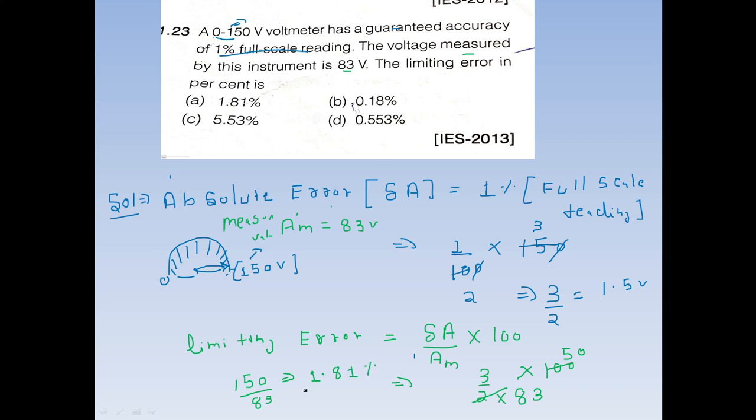If you divide 150 by 83, its value comes around 1.807, and approximately we calculate it as 1.81%. So 1.81 is the required answer for this particular problem. So option A is the correct answer for this problem.